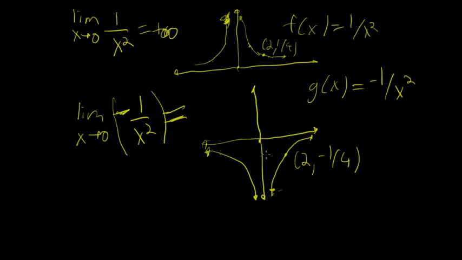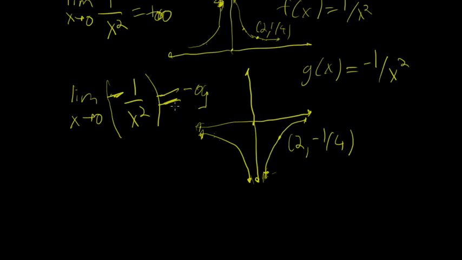And here you can see as x gets closer and closer to 0, both coming in from the left and the right, y tends to negative infinity, or g of x equals negative 1 over x squared tends to negative infinity.